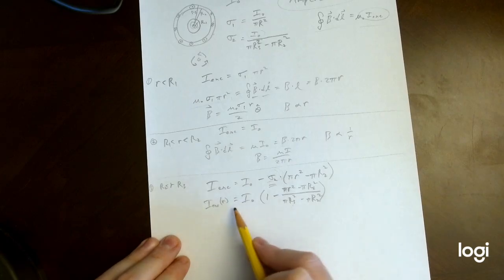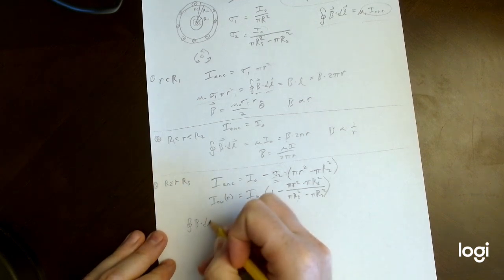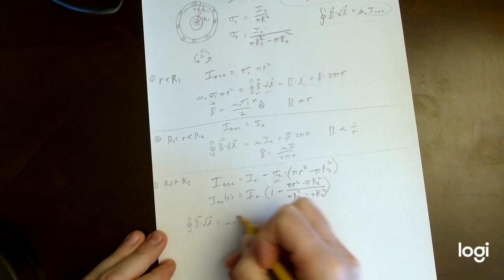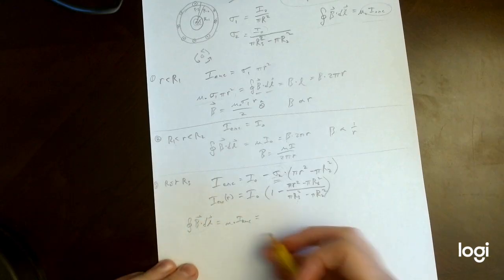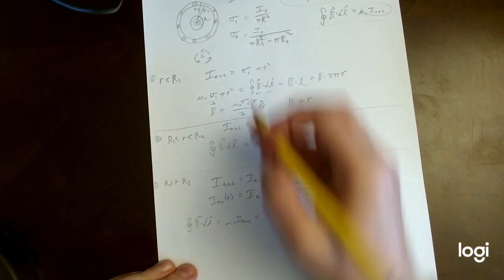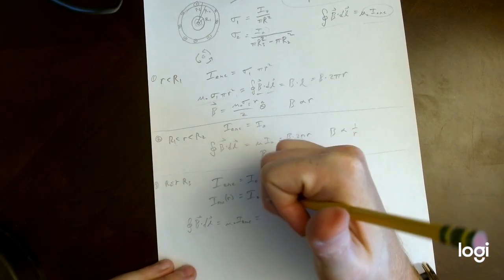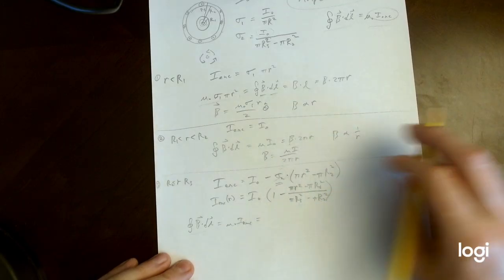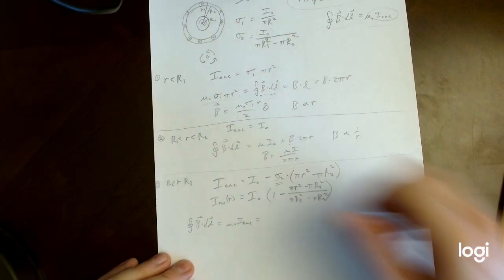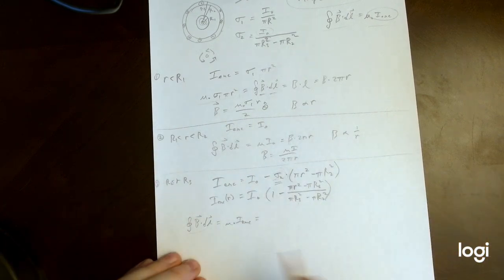So we're ramping from I naught to 0 with how much current we're enclosing, and so then we can think about doing this B dot dl again is mu naught I enclosed, which is all this expression. We are going from a positive, meaning outward, or out of the page, current down to 0. So this is still going to be wrapping counterclockwise around until it reaches 0, in which case it's now 0 magnitude.